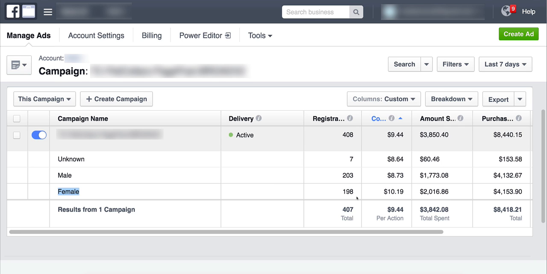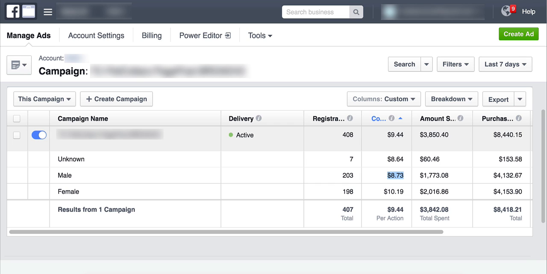That's because the women were costing us more money per sale. We were breaking even, right? So we were able to rid ourselves of a demographic or a target audience that was hurting us. And now we're left with the audience that is giving us the highest amount of sales for the lowest amount of money, okay?